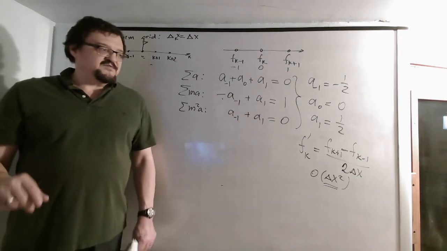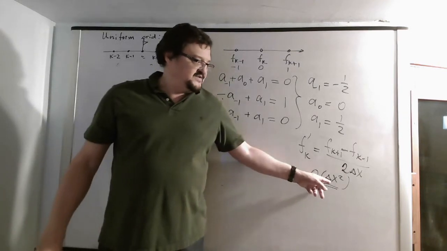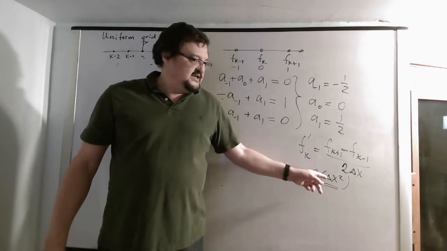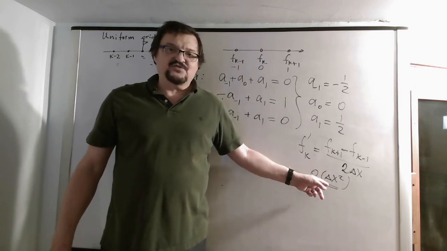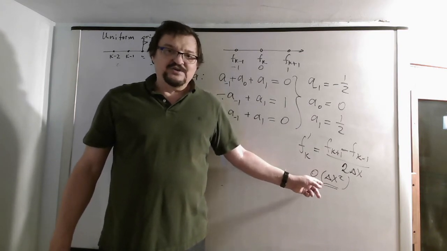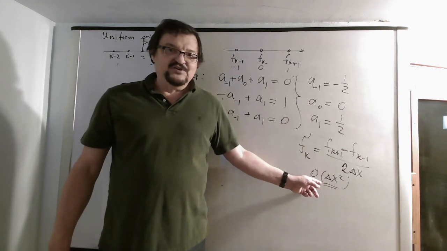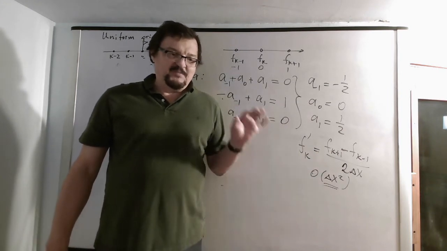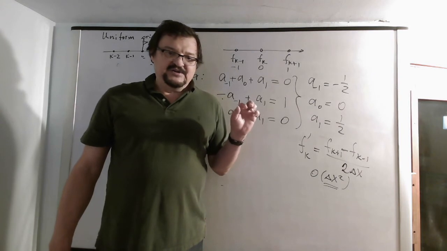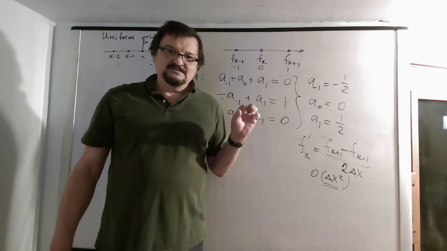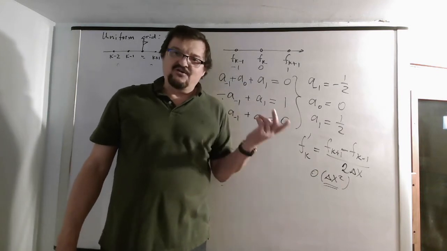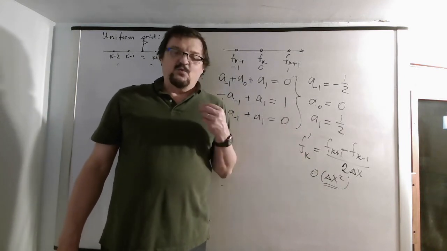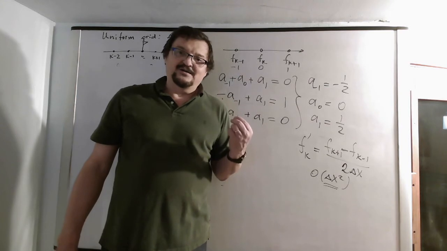The reason is that if the truncation error is second order, it will decrease by a factor of 4 if your grid spacing is decreased by a factor of 2. So you make your grid spacing twice as small, and the error of your numerical method will reduce by a factor of 4.